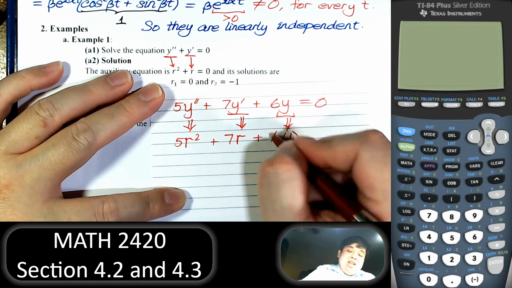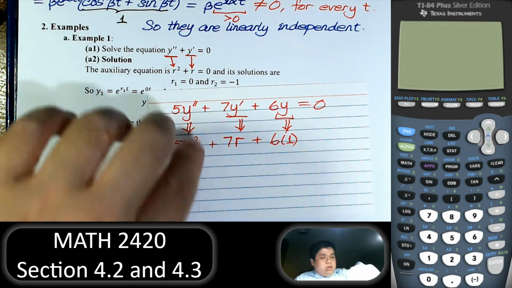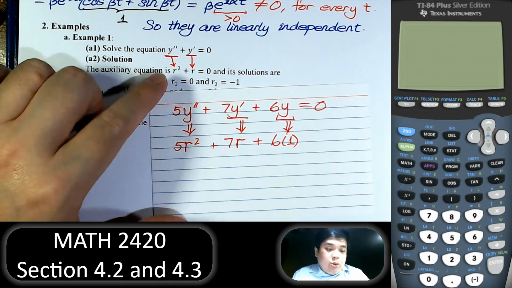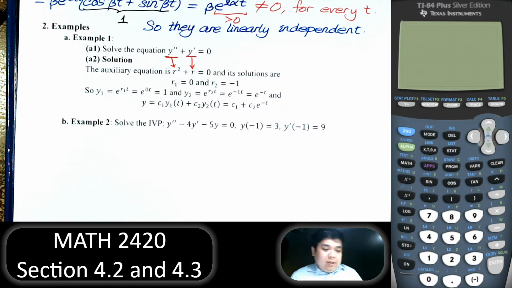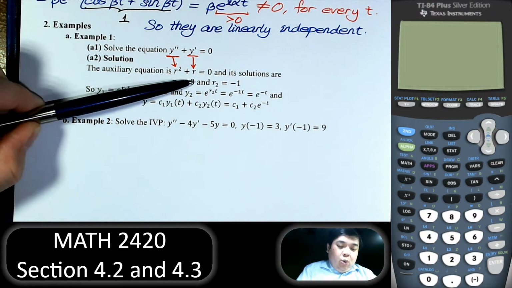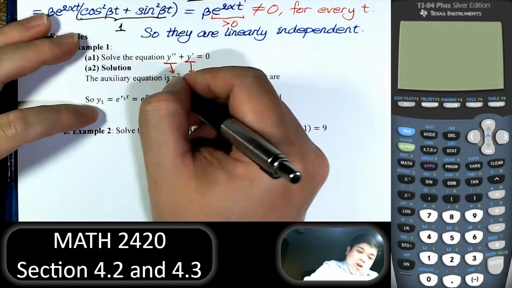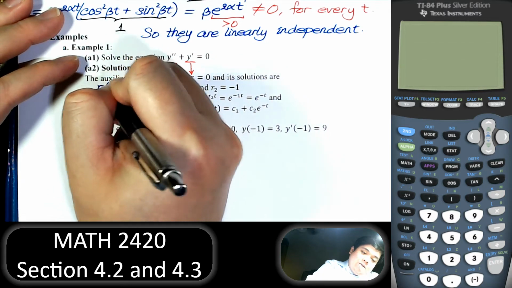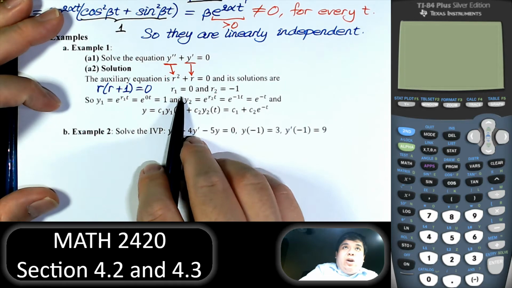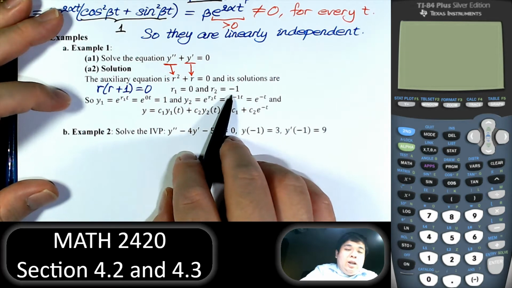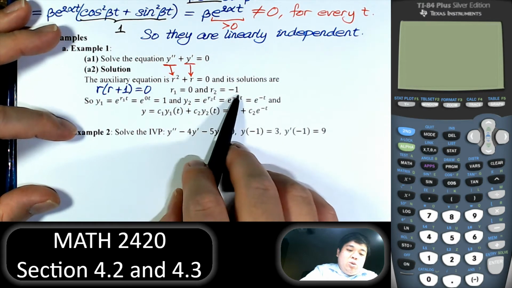So that's why it is 6. So the auxiliary equation corresponding to the differential equation is that. Right, so we have that. Factor out r squared plus r equal to 0, factor out r, we have r times r plus 1 equal to 0. So the solution is 0 and negative 1. Or we say r1 is 0, r2 is negative 1.